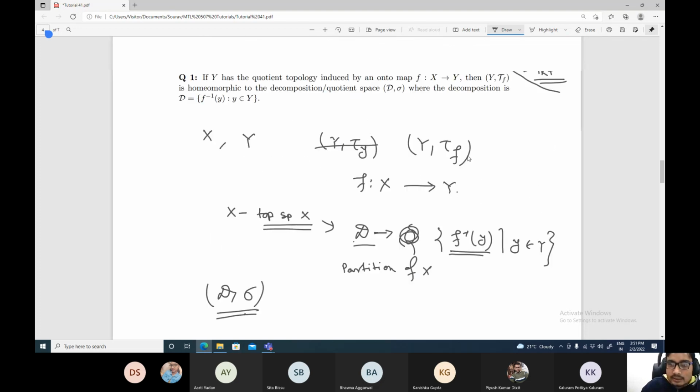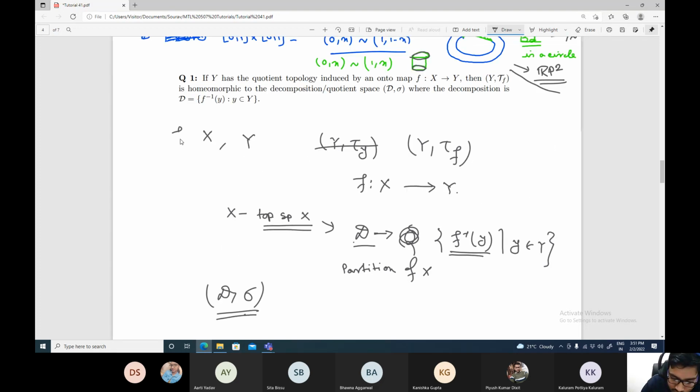On the other hand, given a function f from X to Y, an onto function, you can define the quotient topology as well.